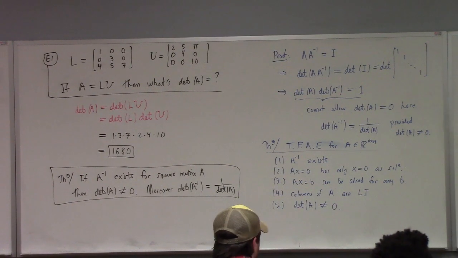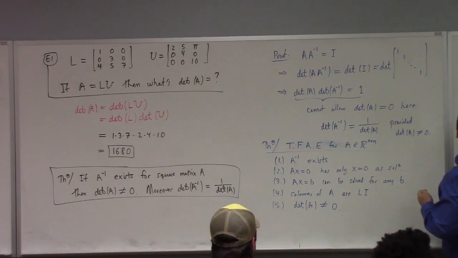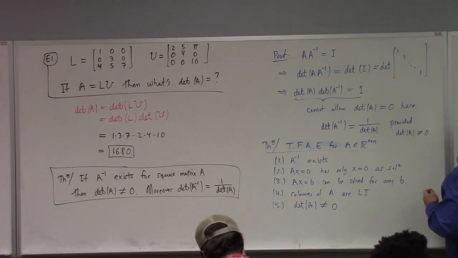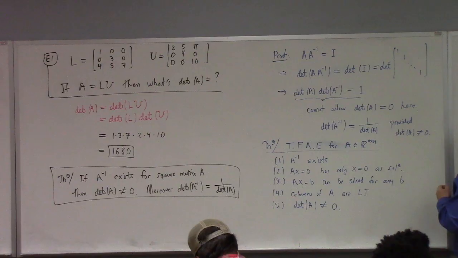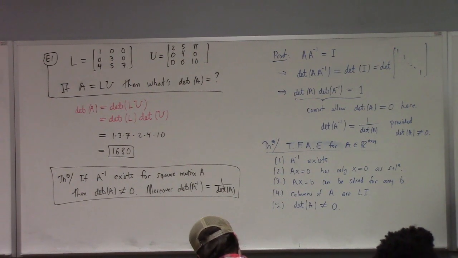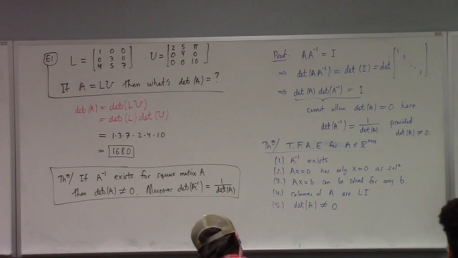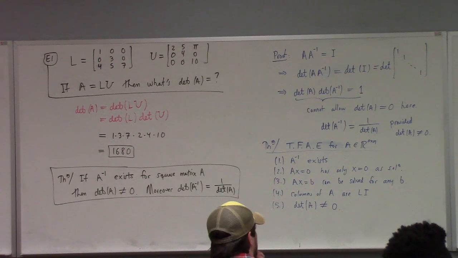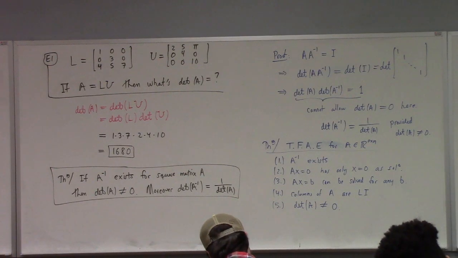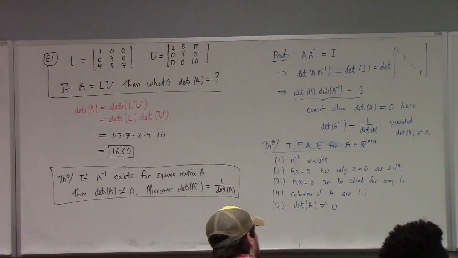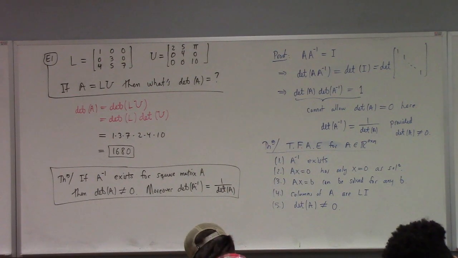The other theorem I wanted to share with you, before I forget. If A is equal to A1 direct sum A2 direct sum up to Ak, what that notation means is that it's got A1 up here, and then A2 here, and so forth and so on, finally down here, A sub k.